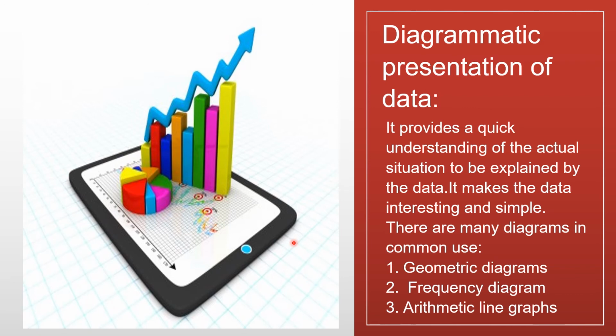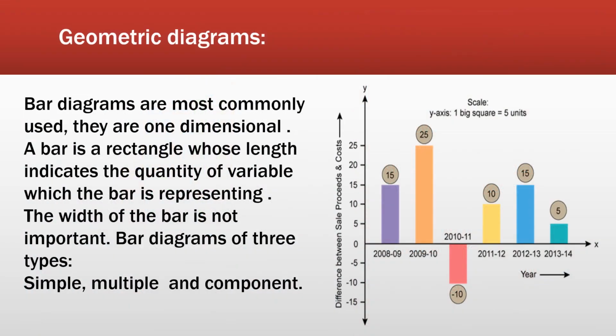It makes data interpretation so easy and so interesting. There are many diagrams in common use. Some of them are geometric diagrams, frequency diagrams, and arithmetic line graphs. What we will begin with today is geometric diagrams.